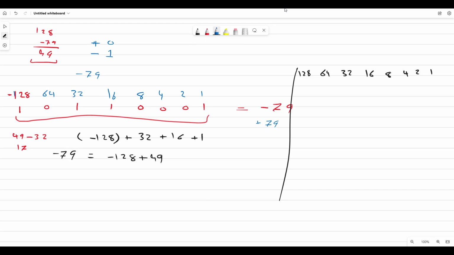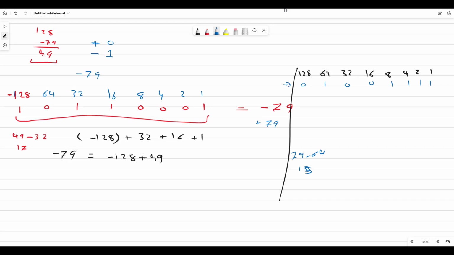In the first step we put 0 here, then 1, so for 79 we subtract 64 and get 15. Now here we have 0, 0, and here we have 1, 1, 1, 1. 1 plus 2 is 3, plus 4 is 7, plus 8 is 15. Now this is the number 79.